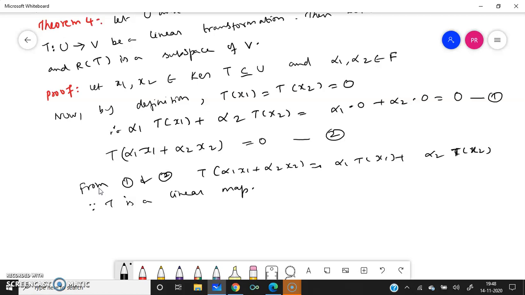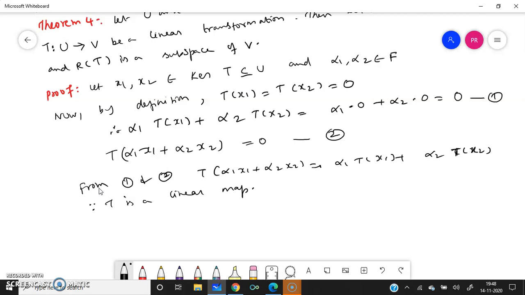Which implies alpha 1 T of x1 plus alpha 2 T of x2 is nothing but alpha 1 times 0 plus alpha 2 times 0.